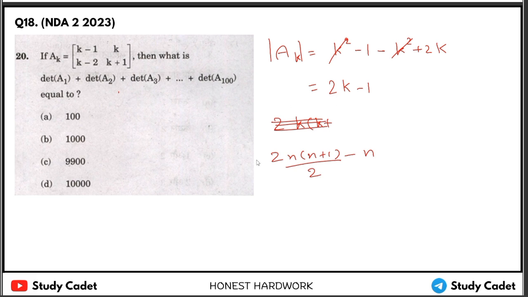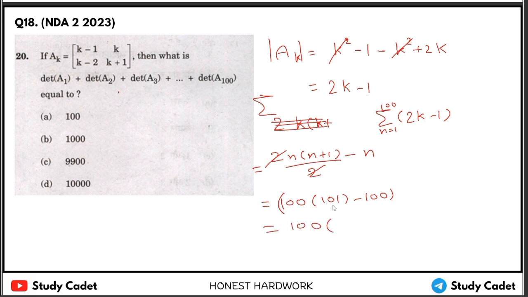Okay, 2 cancels out, n is 100, so 100 times 101 minus 100, so the answer is simply 10,000.